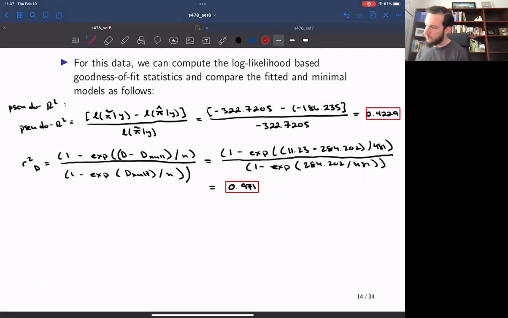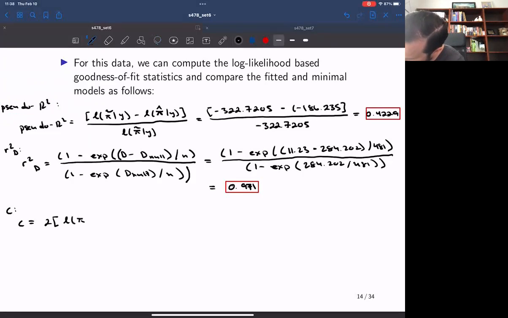So I'll do the C next. All right. So C is equal to 2 times the likelihood of the fitted model given the data minus the likelihood of the minimal model.